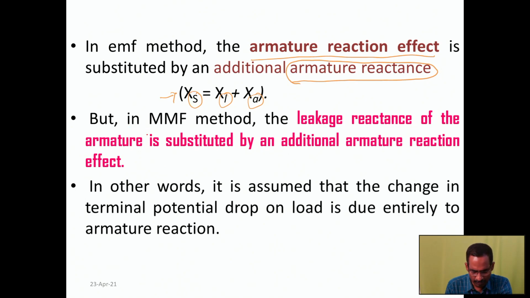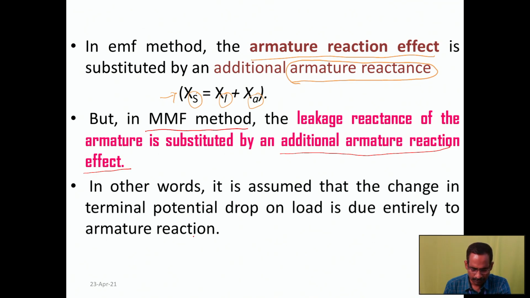But in the MMF method, the leakage reactance which is present in the armature is substituted by an additional armature reaction effect. So vice versa: in the first case, the reaction effect is considered as the reactance, but in this case, the leakage reactance is considered as the armature reaction effect.